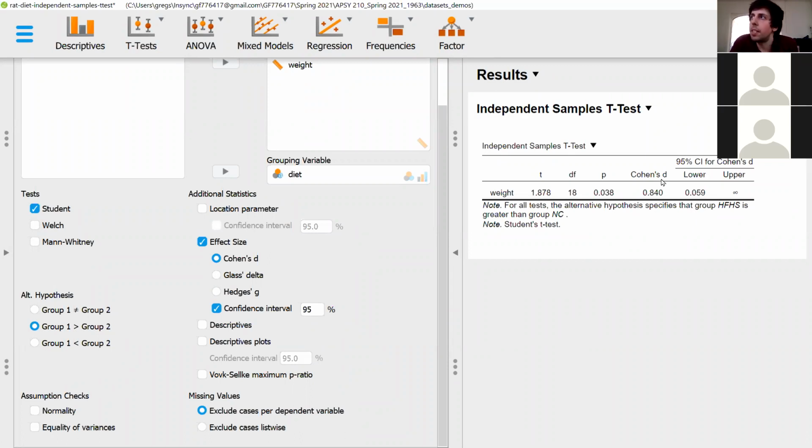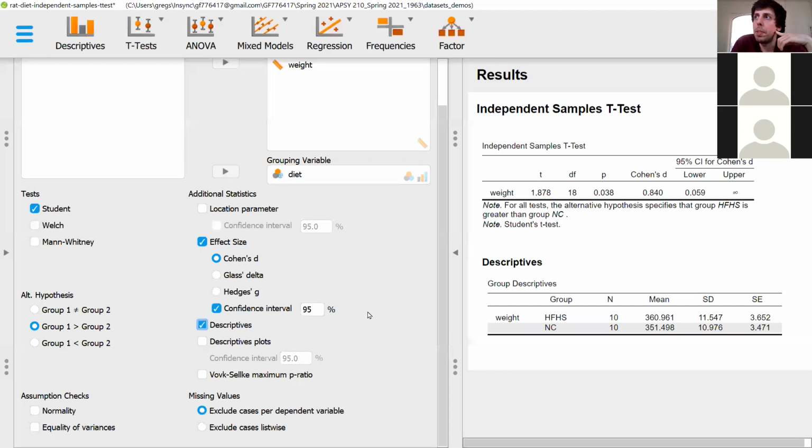And notice that it gives us confidence intervals not in terms of the raw scores themselves, but in terms of Cohen's d. When we learn about meta-analysis and this type of plot called a forest plot, which is a way to look at multiple studies and compare their effect sizes, it'll make sense why the default here is to compute the confidence interval around an effect size, not around the raw scores. But that's just a little preview of what we're going to look at later.